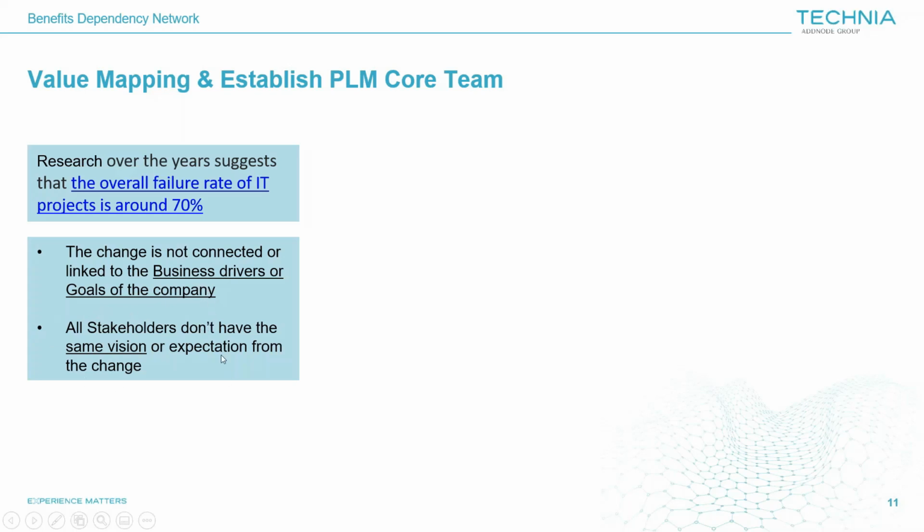And the second reason that studies show is all stakeholders, they don't have the same vision. Nowadays, products are very complex: mechanical, software, electronics, and biologics. So the cross-functional teams have different kinds of needs, different expectations from these kinds of business platforms.